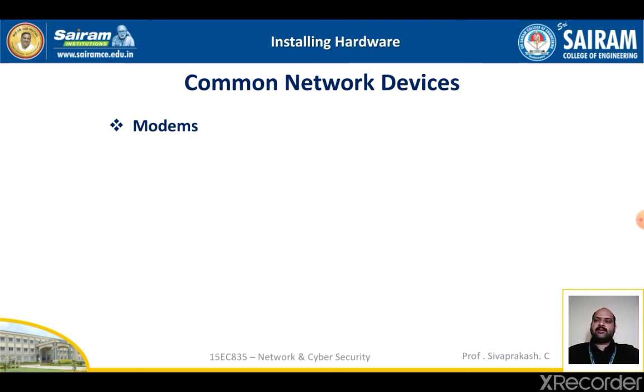Next one, firewall. A firewall is a network boundary device enforcing rules for separation between internal and external network communications. So it protects you from external malware, or it can avoid malware entry into your particular system or server. Next one, routers.